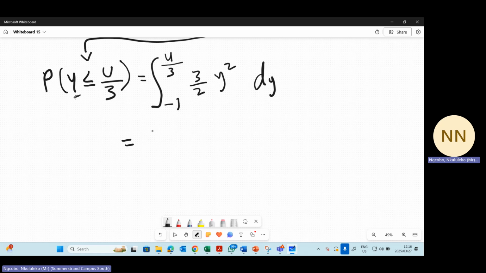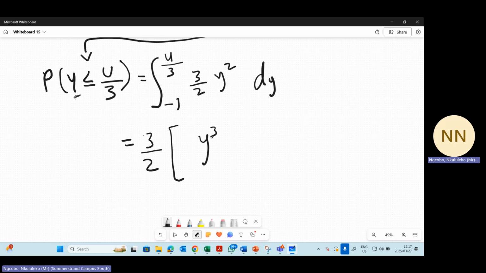This should be just what? This should be just an integration of... so you take 3 over 2 this side, then the integration here is just y.